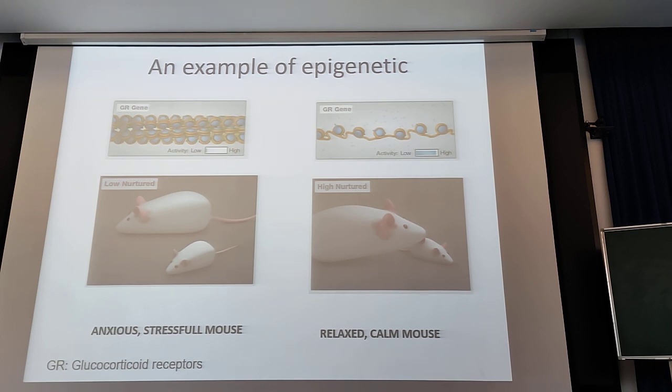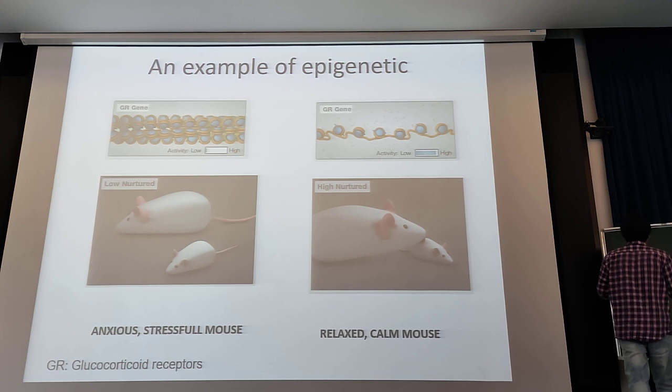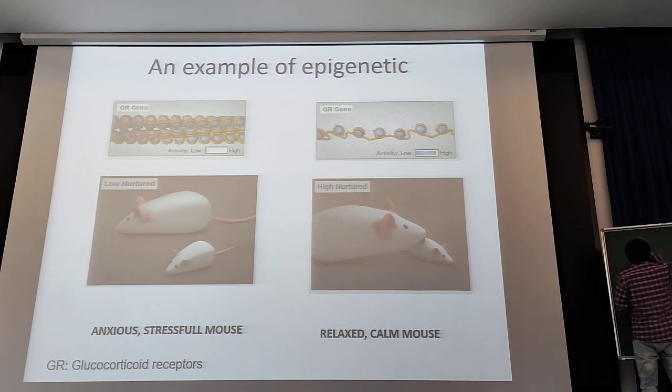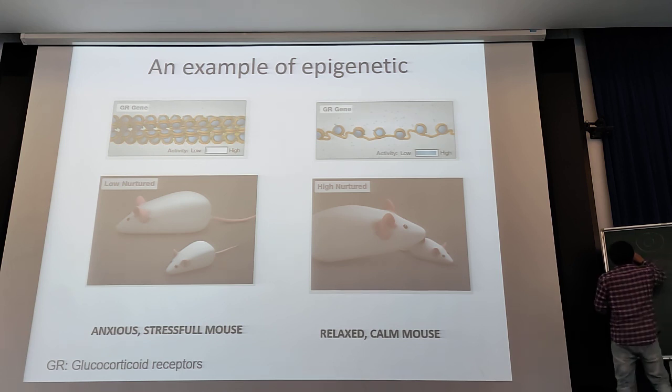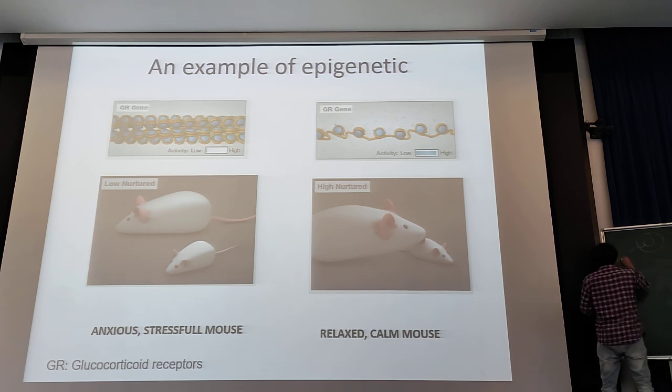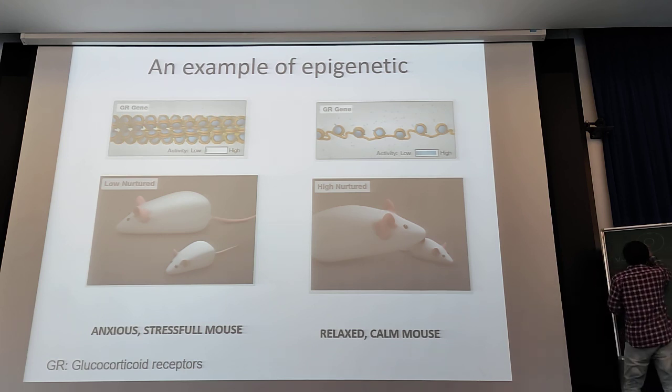So, Dolly the sheep was created by taking a nucleus from a sheep cell and putting it inside another cell.